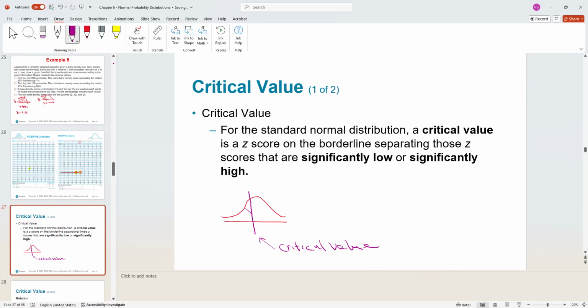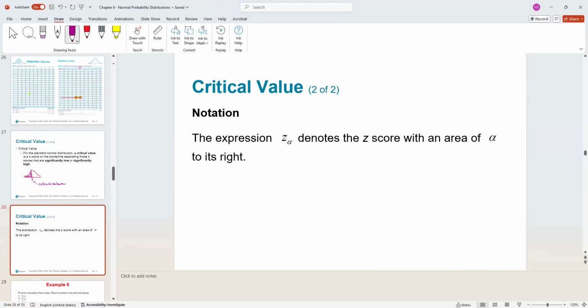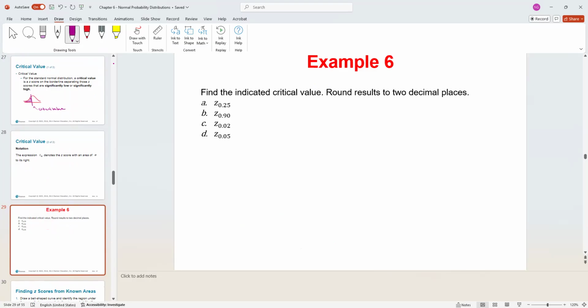So it separates the shaded area from the non-shaded area. In the standard normal distribution, the critical value is a z-score on the borderline separating those z-scores that are significantly low or significantly high. So that's exactly what we're doing. The expression z alpha denotes the z-score with an area of alpha to its right. So remember, if we do that, then it will be on its right.